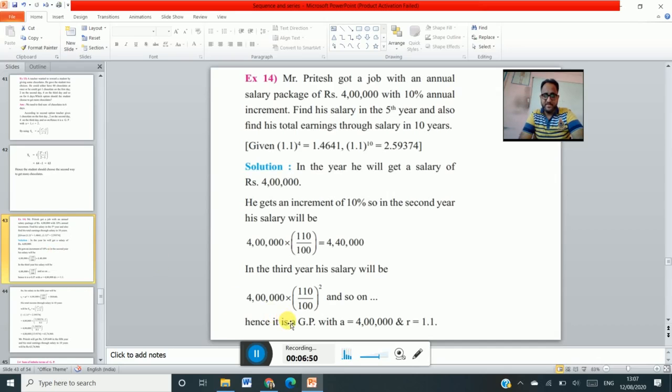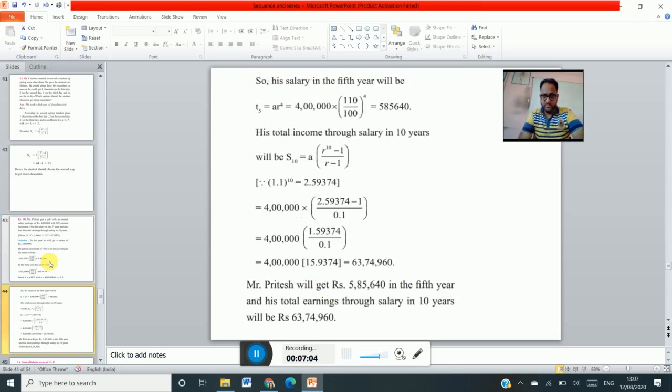Hence it is a GP with first term 4 lakh, because it is a sequence, and r equals 1.1, which is the ratio between two terms. So T5, the salary in the 5th year, equals a into r to the power 4. a is 4 lakh, r is 110 by 100.